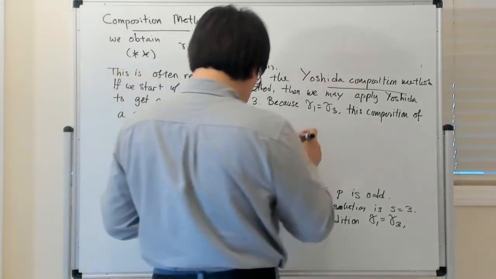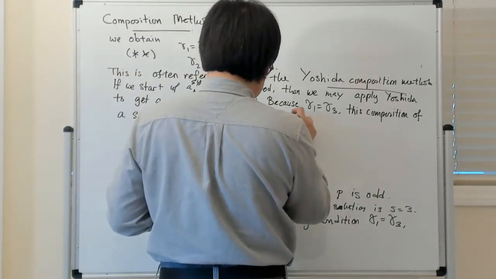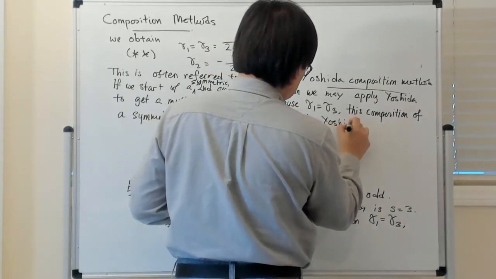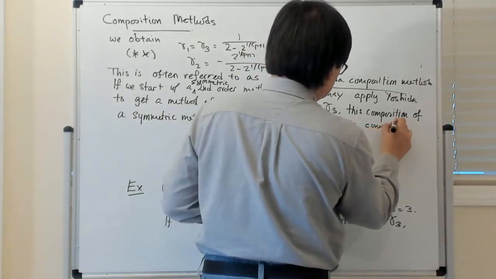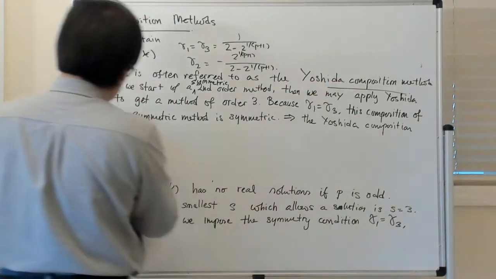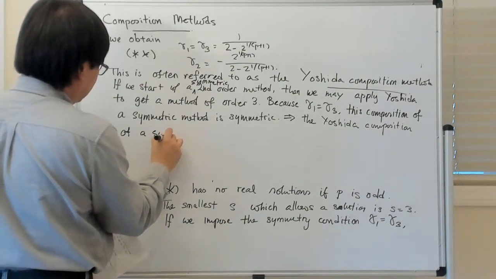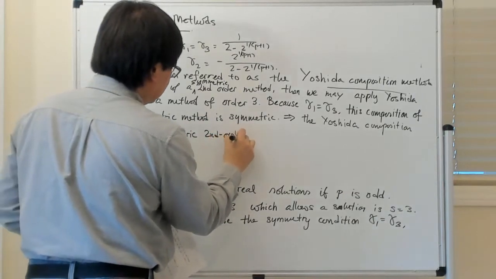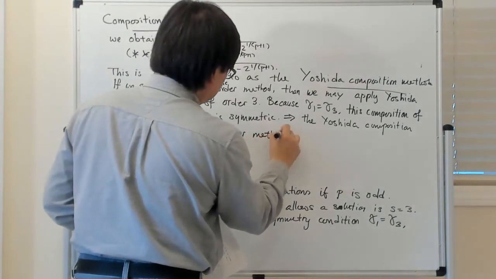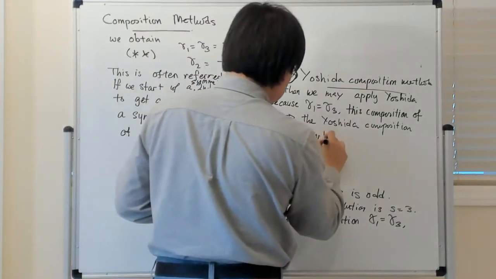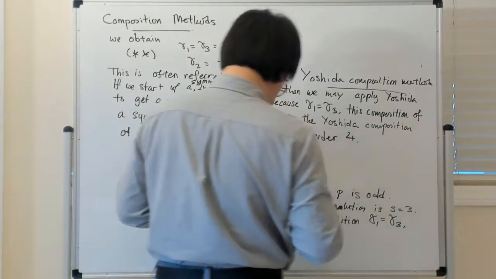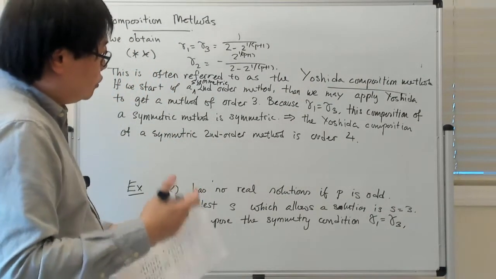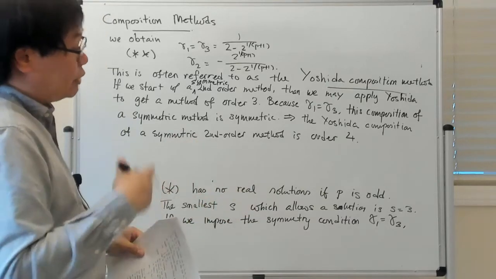So this implies that the Yoshida composition of a symmetric second order accurate method is order 4. And the nice thing is that you can repeatedly apply this argument to keep increasing the order by 2 each time.